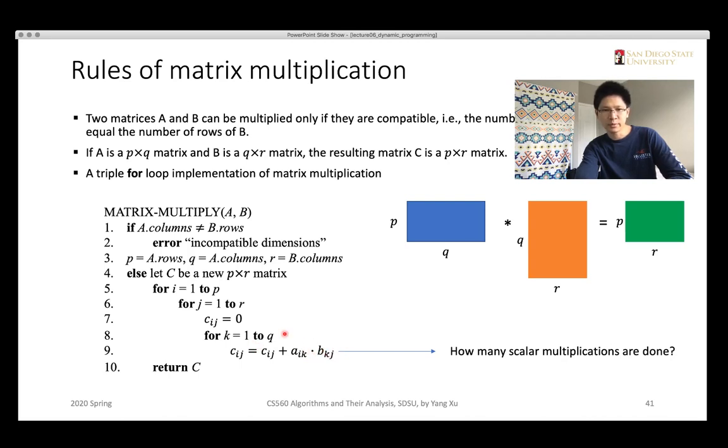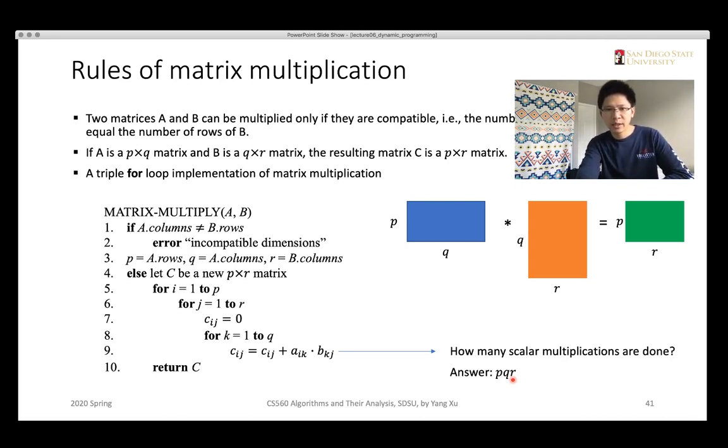Because it's a triple for loop, the first for loop ranges from 1 to P, the second from 1 to R, and the third from 1 to Q. So P times Q times R scalar multiplications need to be done, right?